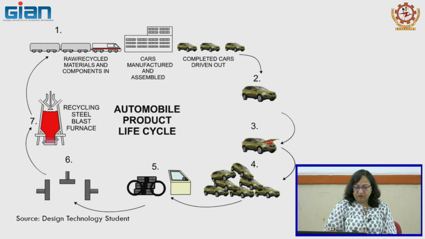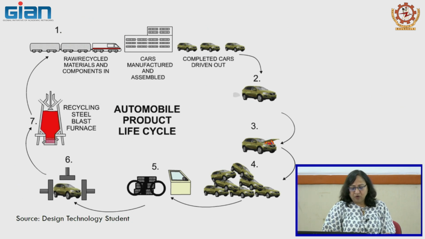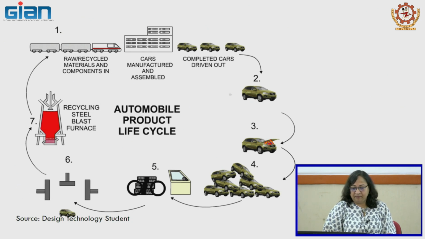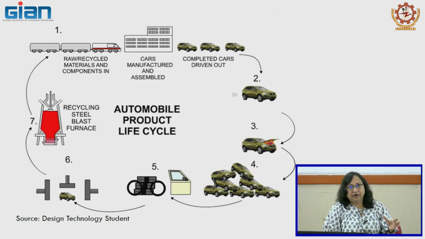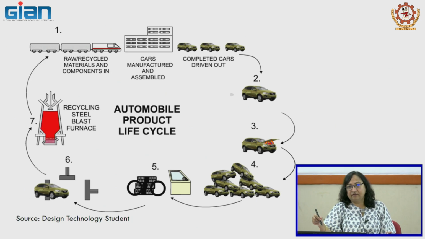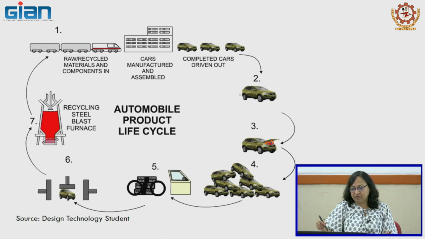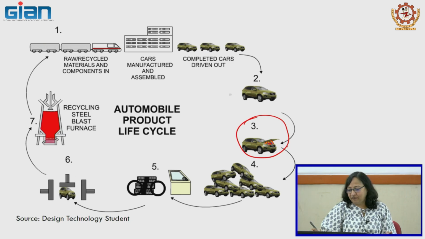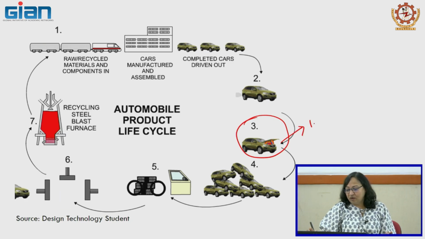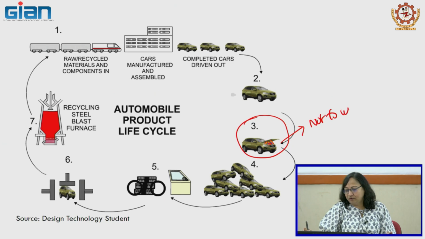Some of the items are going to be crushed, like car is one big example. We are having the raw material from different parts of the country or different countries, then it is assembled, the product is going through these different stages. Once you are overusing it, you are not happy with this, it's not fit to use, you have to scrap it.